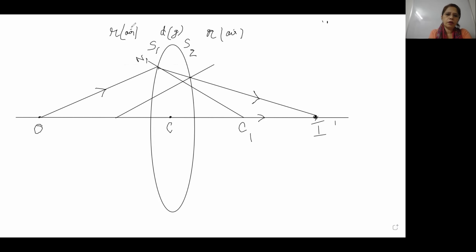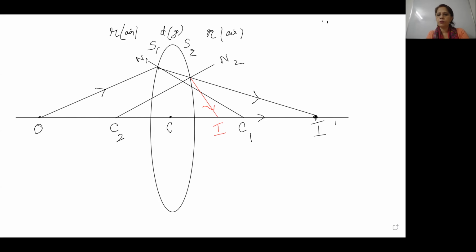This is your N2 and this is your center of curvature C2. So after refraction from denser to rarer medium, the ray will be refracted away from the normal. So finally the image will be formed here. Image is formed here. Let us name this I.